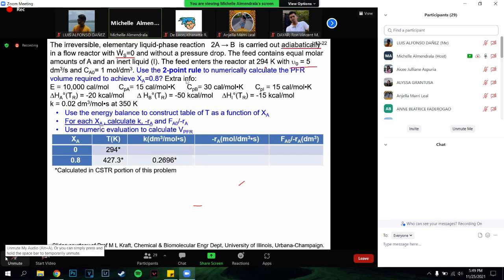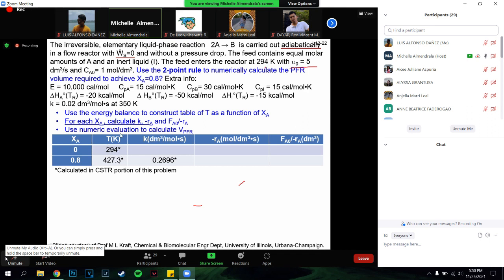So, 2-point rule only, just to show the simple relationship of the parameters involved in this design equation. The many XA values and delta X come later. Let's just have a 2-point rule from initial to final X, just to demonstrate the application in a PFR.